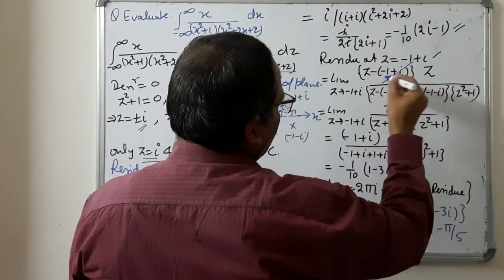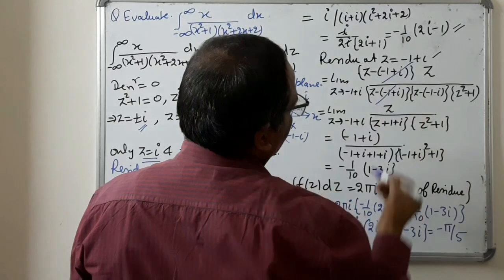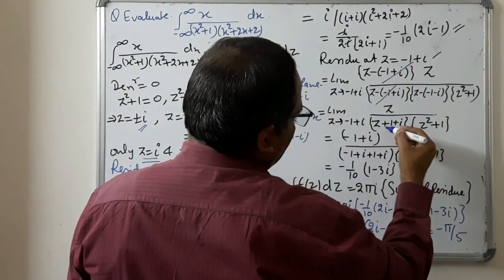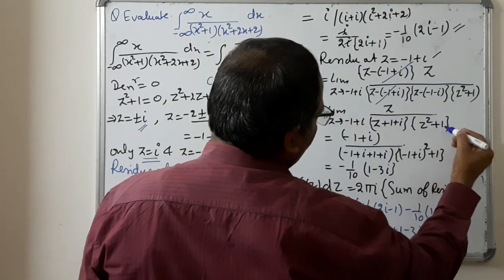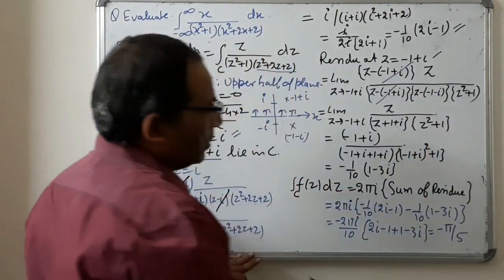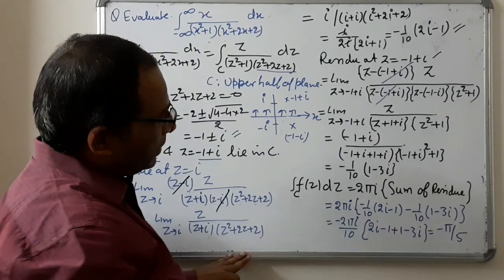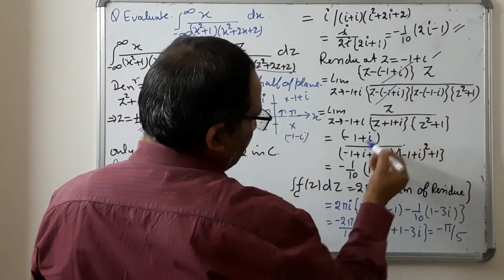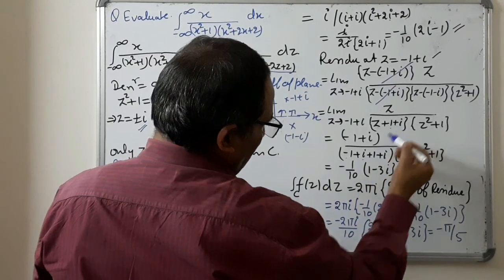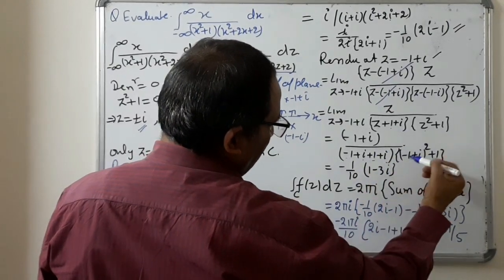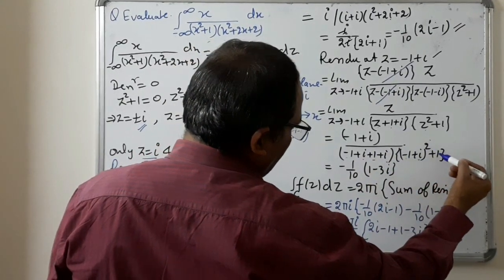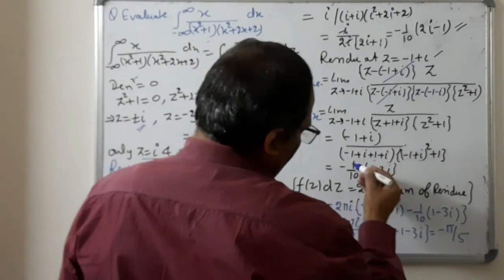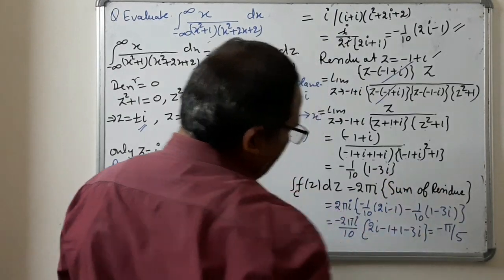Again this factor cancels out, so we get z minus minus 1 minus i, so this is z plus 1 plus i and z square plus 1, and numerator z. Put now z equal to minus 1 plus i. So put here minus 1 plus i upon the value of z, minus 1 plus i, plus 1 plus i, and z square means minus 1 plus i whole square plus 1. After solving this, we get minus 1 upon 10, 1 minus 3i.